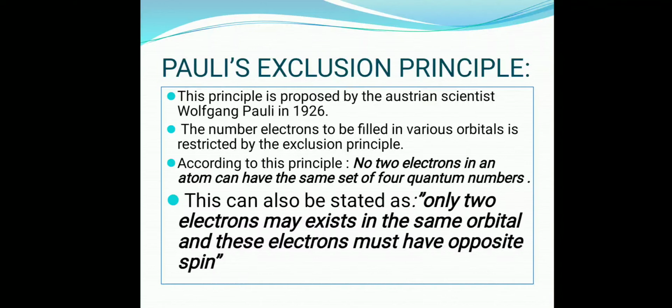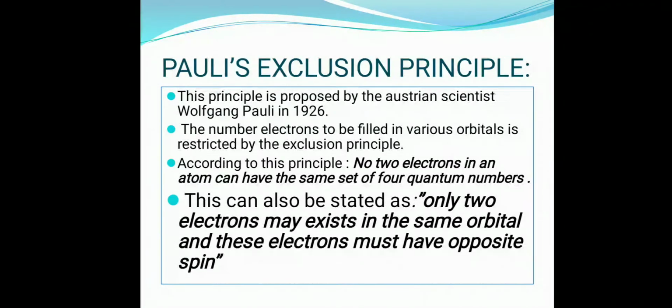Next, it's Pauli's exclusion principle. This principle was proposed by the Austrian scientist Wolfgang Pauli in 1926. The number of electrons to be filled in various orbitals is restricted by the exclusion principle.